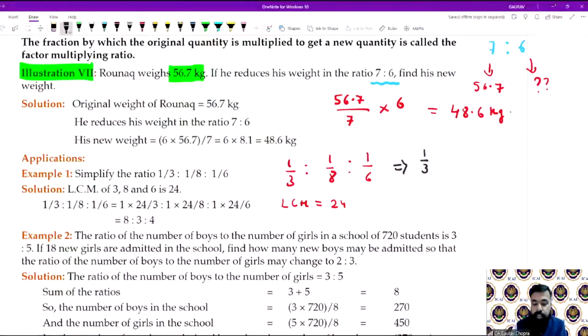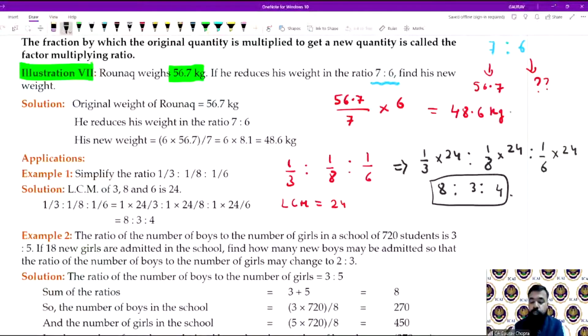So 1 by 3 into 24 ratio 1 by 8 into 24 and ratio 1 by 6 into 24. How much are we getting? 8, 3, and 4. So this is the final ratio, 8, 3 and 4.